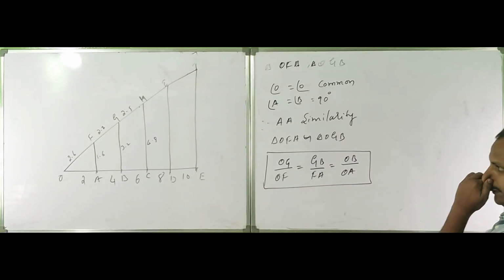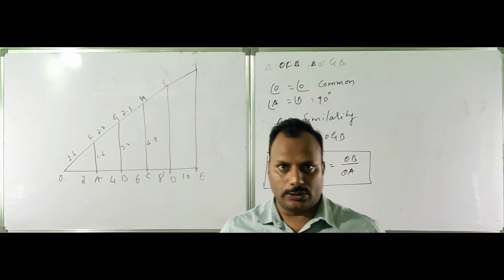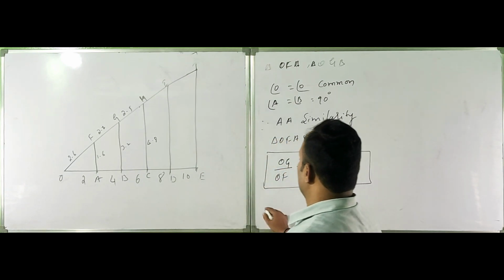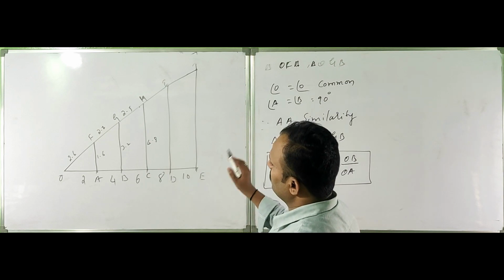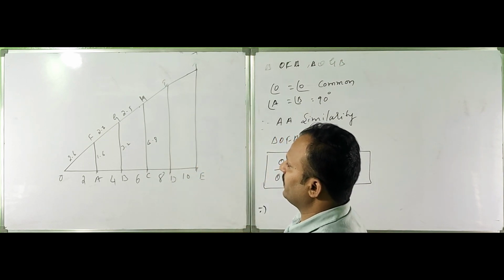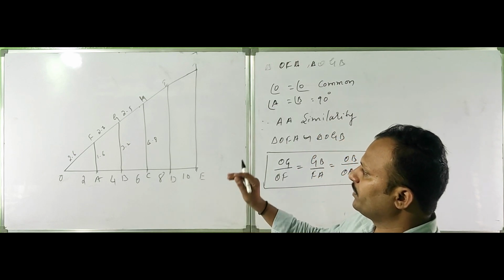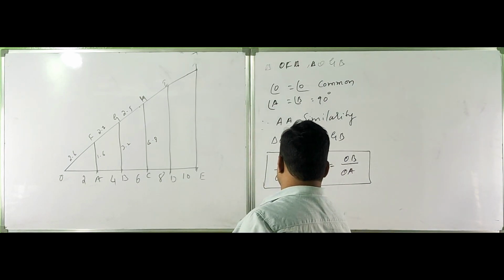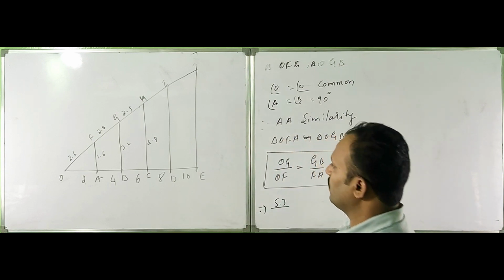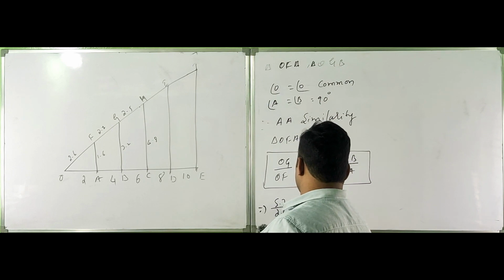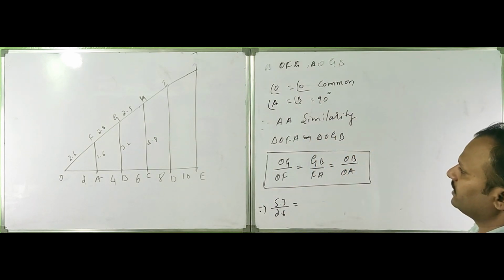So we already proved the ratio, we no need to prove it here. You can put the values here. What is OZ here? 5.3. 5.3 by what the OF is, 2.6, is equal to GB, 3.2.